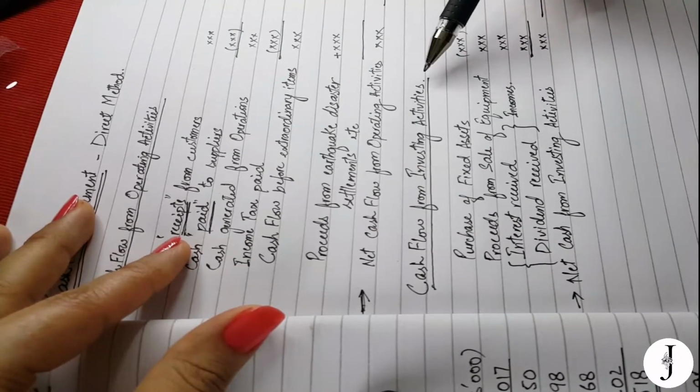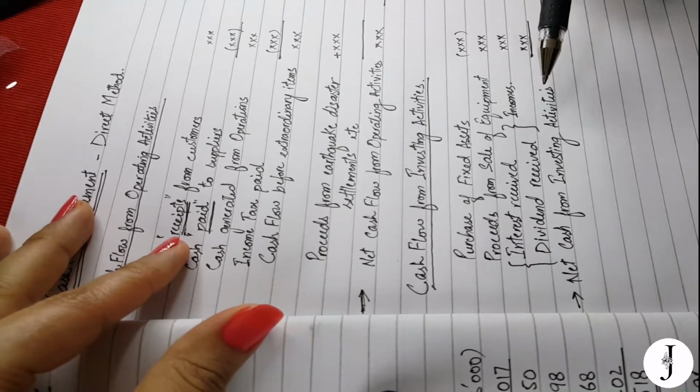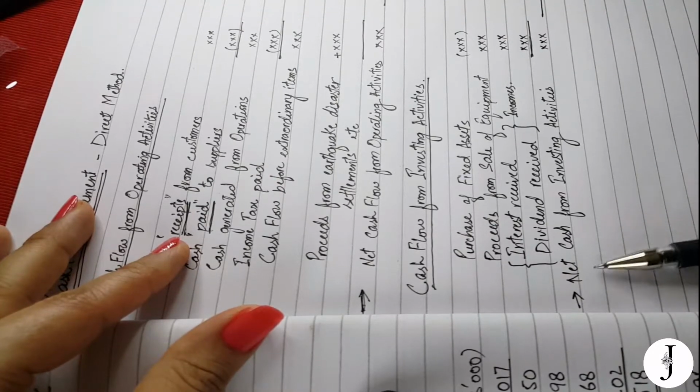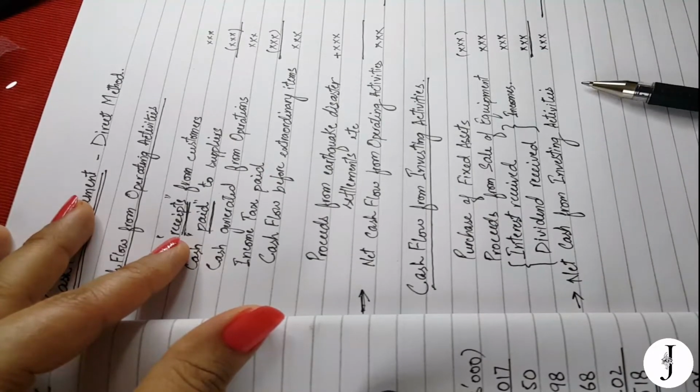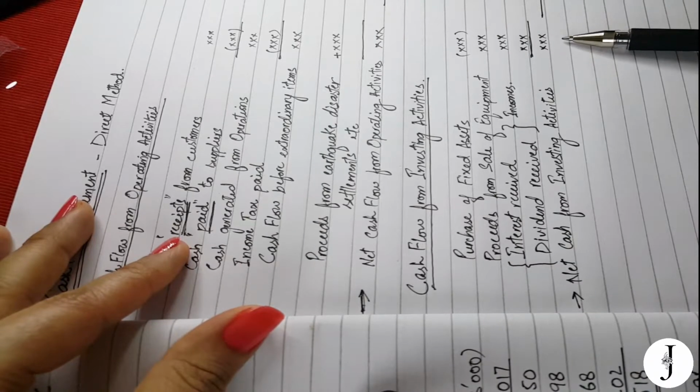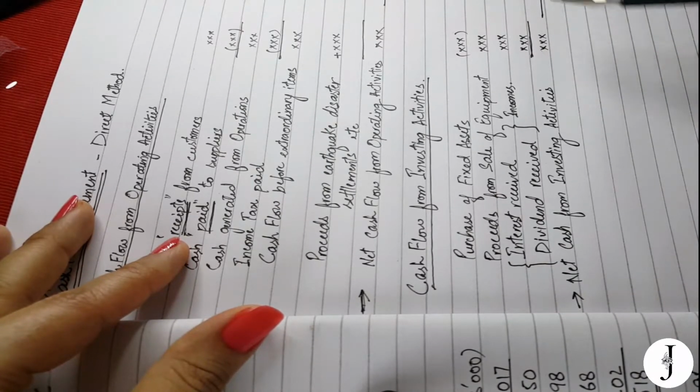This cash flow from investing activities format is same under indirect method and direct method. But one point that is important here is that it is net cash from investing activities. It is not that it's always positive, it can also be negative. That is shown in brackets. If this figure is bigger than the sum of these four figures, we will arrive at a negative.